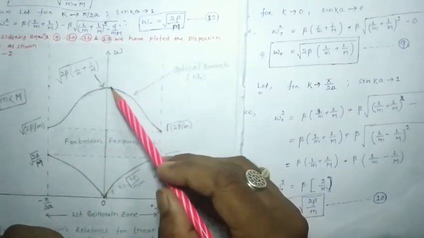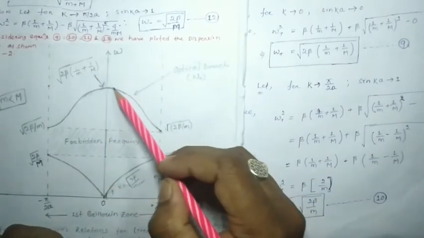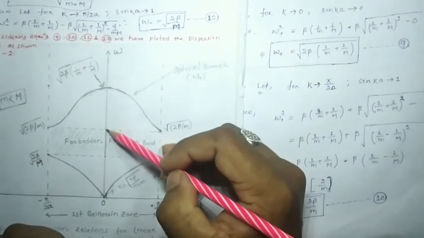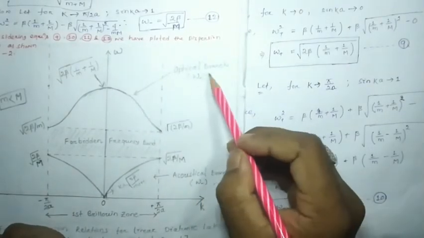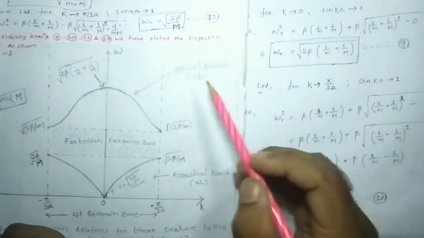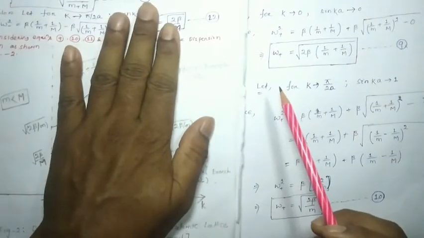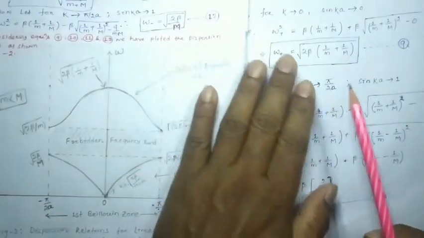This frequency range, from this one up to this one, and its variation is called the optical branch, or in some books the optical mode of vibration.